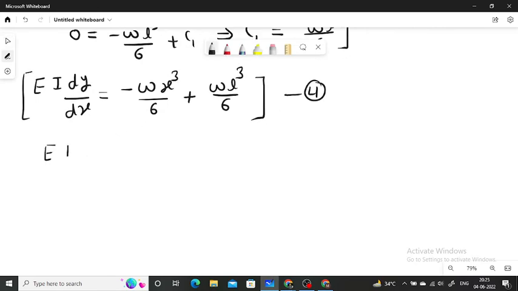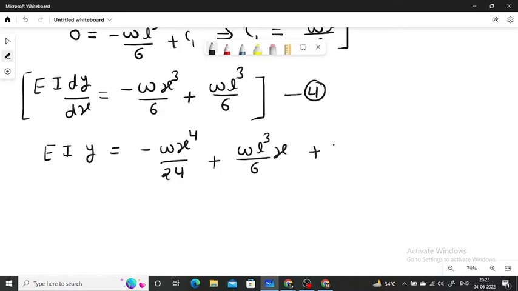Now again integrate equation number 4 with respect to x for determining the deflection equation. So EI into y is equal to minus wx to the power 4 upon 24 plus WL cube upon 6 into x plus C2. C2 is the integration constant.